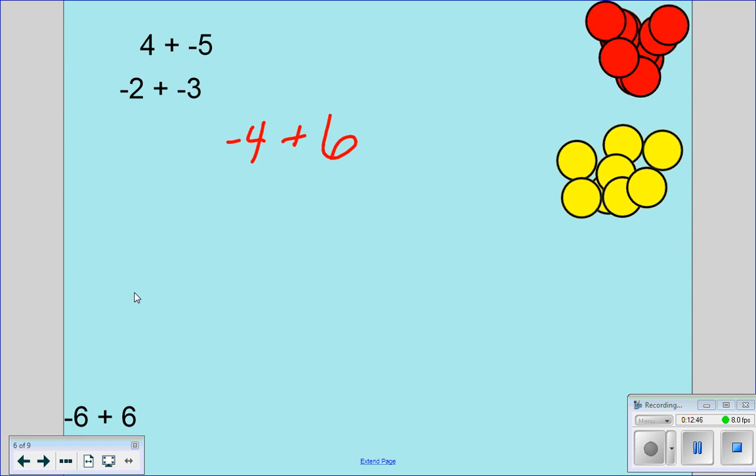Probably had 4 reds and 6 yellows. After you took some away, you should have something left. What do you got left, Kira? 2 reds, right? Or 2 yellows, so it'll be positive 2.